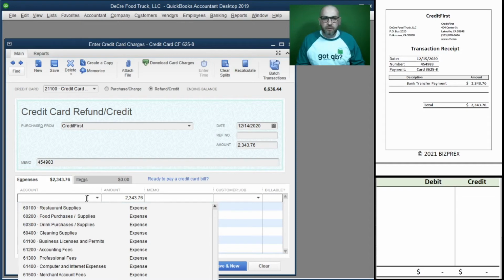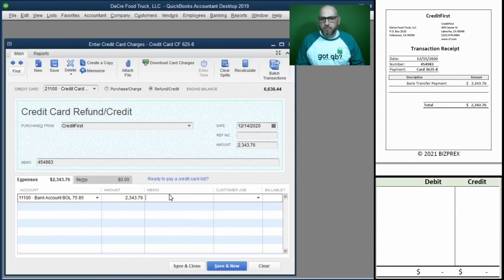So here we are. Oops. Good to go, right? And again, let's make sure we understand what's going on here. Like I said previously, this is being debited, right? Because it's going down.